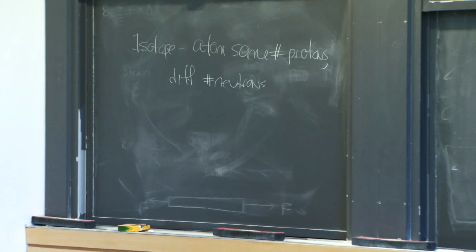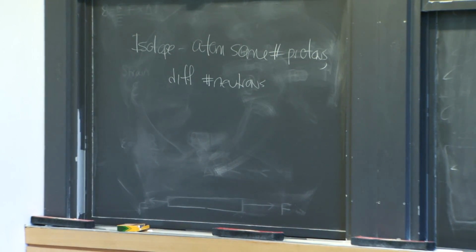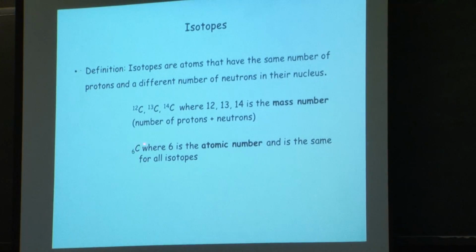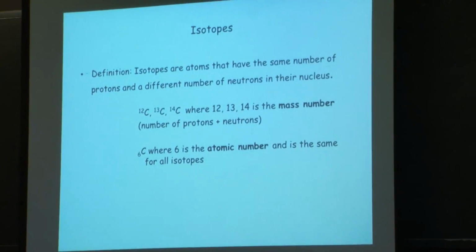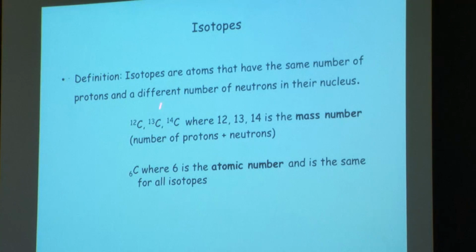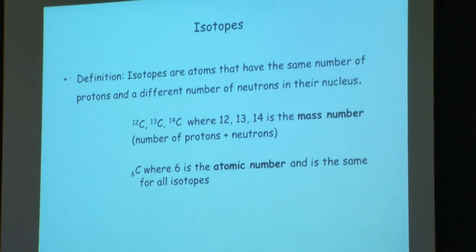And so what you have here for carbon, which is one of the common isotopes you will be using if you do any kind of biochemistry, we have C12, C13, and C14, okay? And this is the atomic number, which is the number of protons. Okay, so the only difference between these is a neutron or two neutrons, okay?